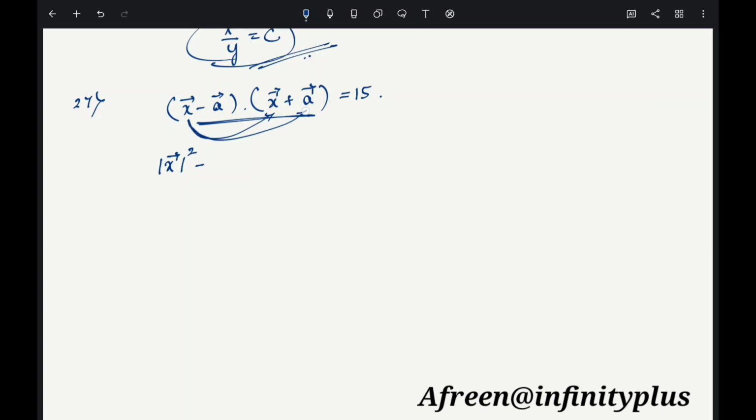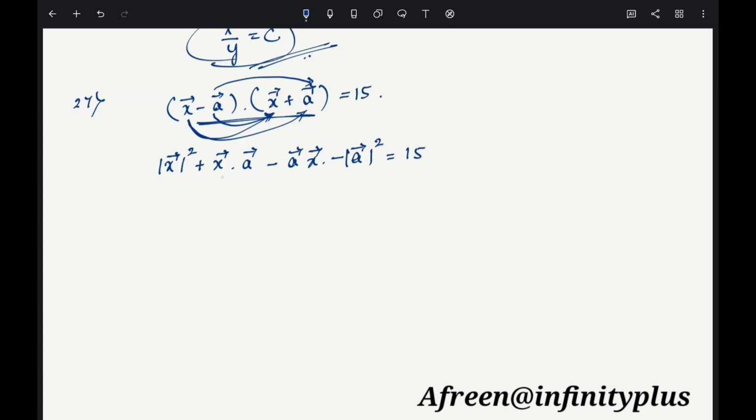Next, x vector into a vector will be as it is, x vector dot a vector, minus a vector into x, which will be a vector dot x vector, and next you will have the a vector with the a vector. So minus a vector whole square, which is equal to 15.